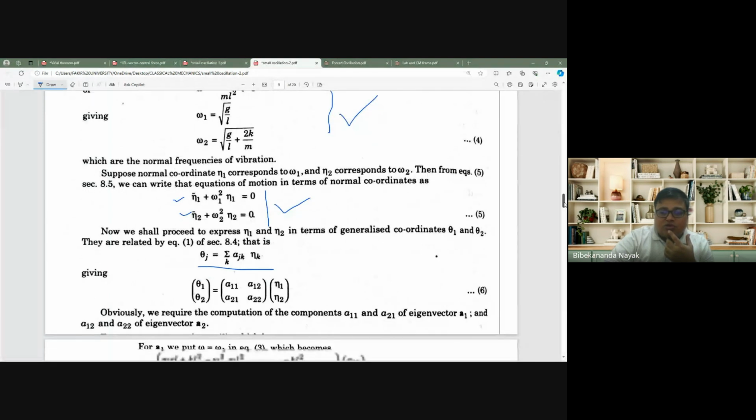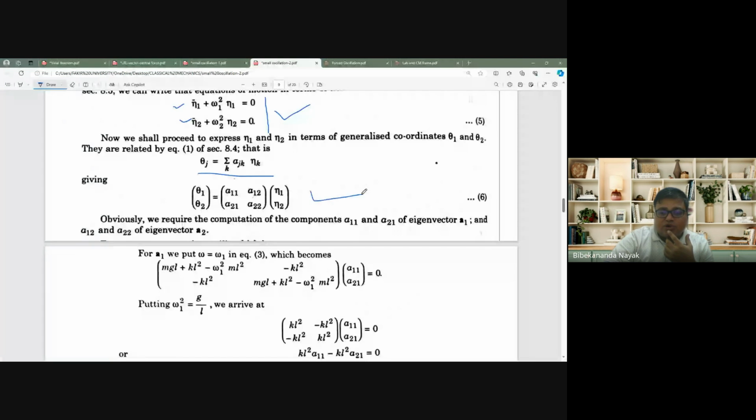So theta 1, theta 2 will be a1, a2 in the explicit form. For each omega, let's say for omega equal to omega 1, we have the a1 vector. That means we multiply the V minus omega square T matrix with the first column to get the omega 1 value.